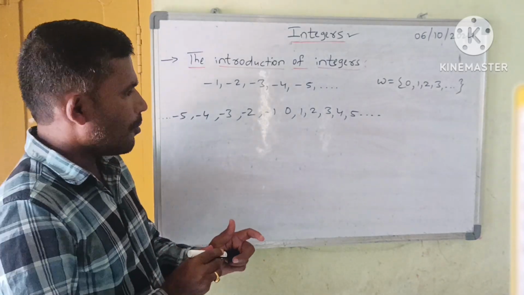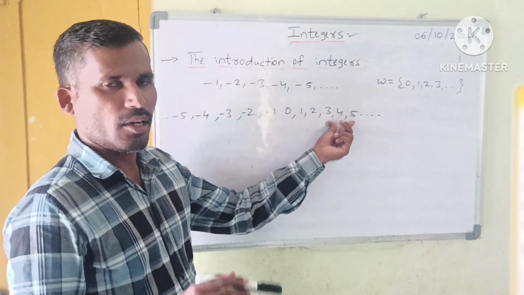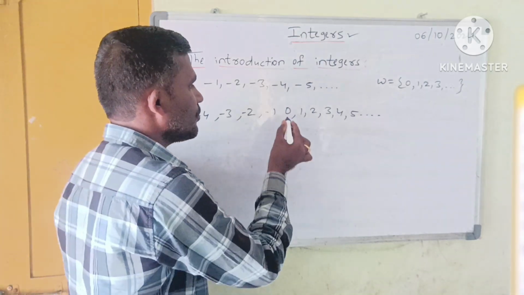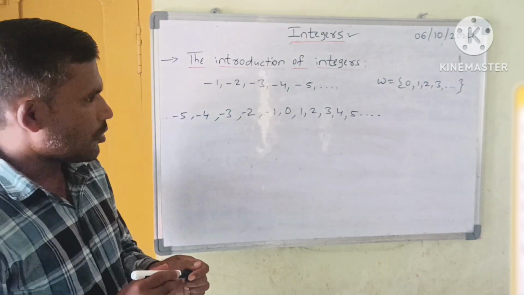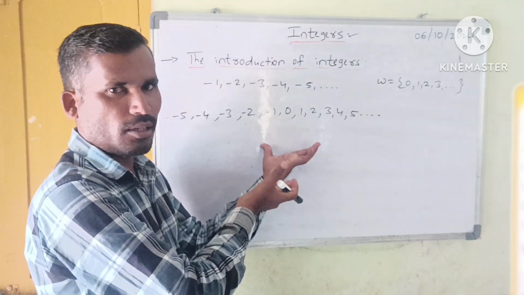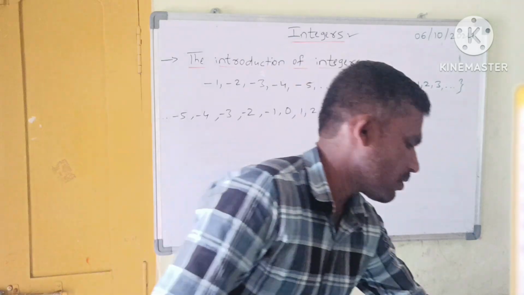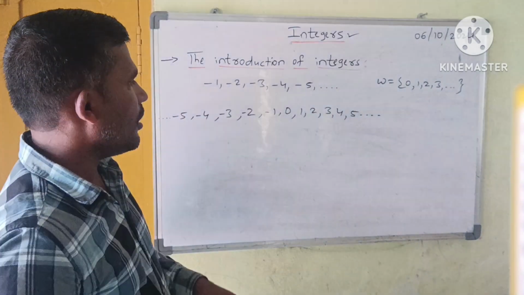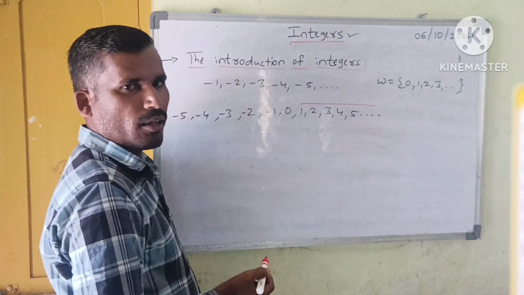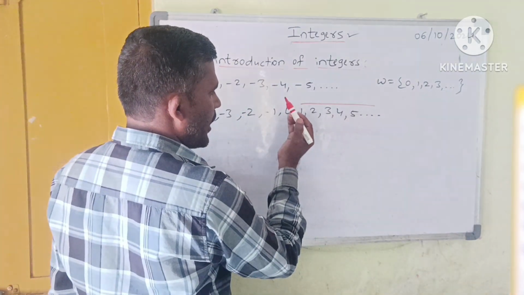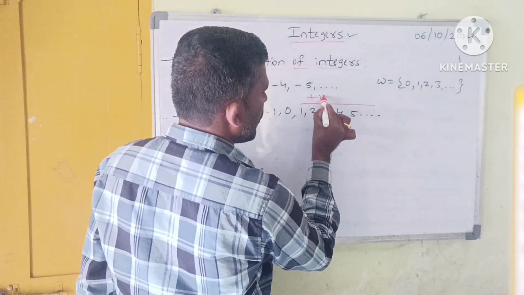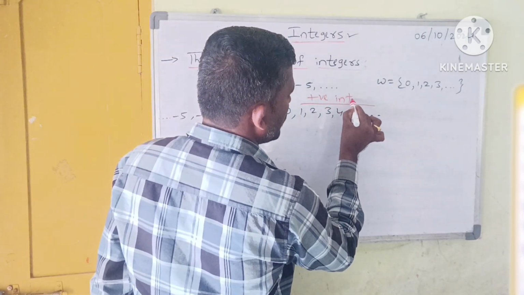So the collection of positive natural numbers and negative numbers, including 0, all these numbers together are called the integers. In this, 1, 2, 3, 4, 5, these numbers on the right side of the 0 are called positive integers.